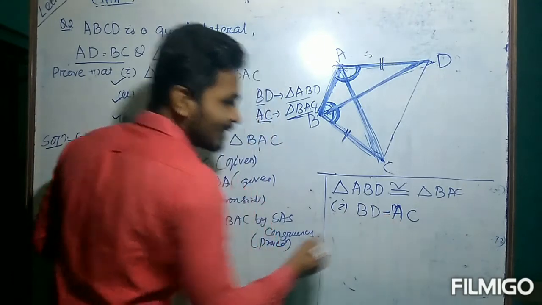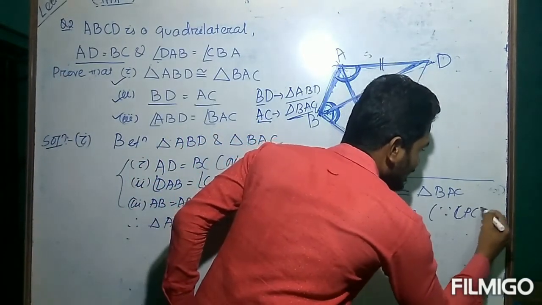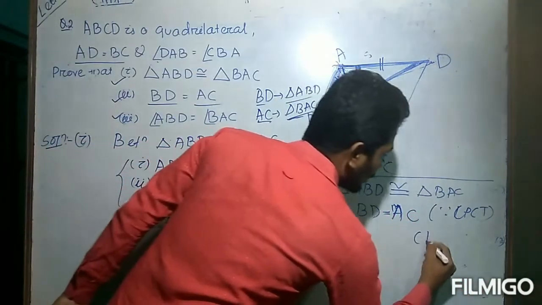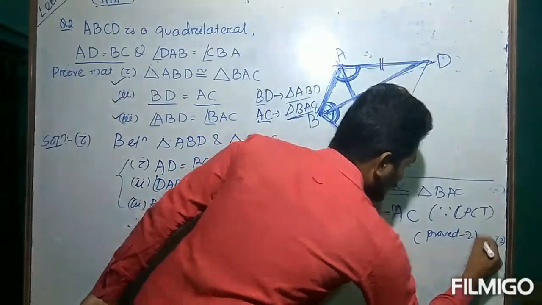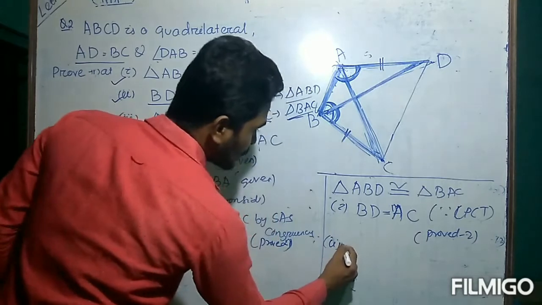So can we write it? Yes, we can write it. Why? By CPCT. And this is the proof of second statement. Proved 2. This is proved 1. Okay? Next proof.